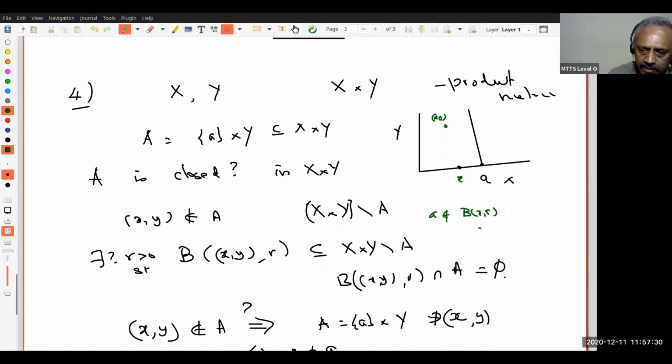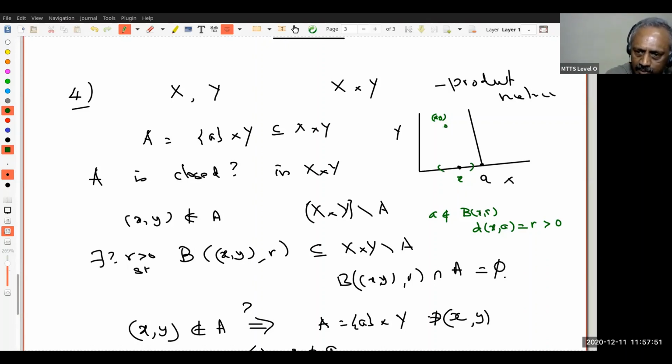Why? Because the distance between x and a, if you call it r, this r is positive. And if a belongs to this ball, it simply means the distance between a and x is strictly less than r. You understand that? Therefore, I have an open ball like this. I can even reduce it by half. That doesn't matter.